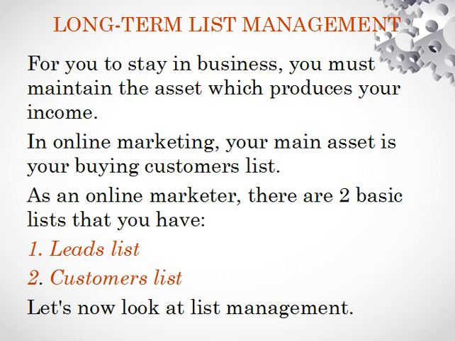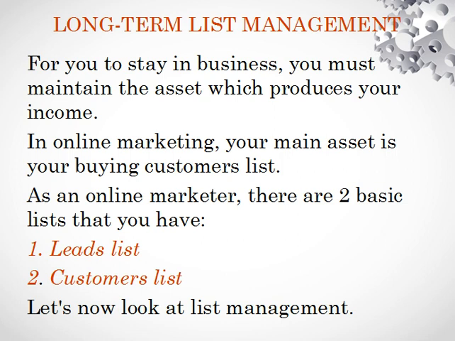As an online marketer, there are two basic lists that you have. The first is your leads list, and that's your list of freebie seekers. And number two, your customers list, right? And I told you how to convert your leads list into a customers list using relationship building and tripwires, right?